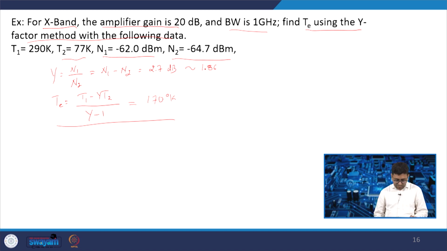Then another question is finding the noise output power.